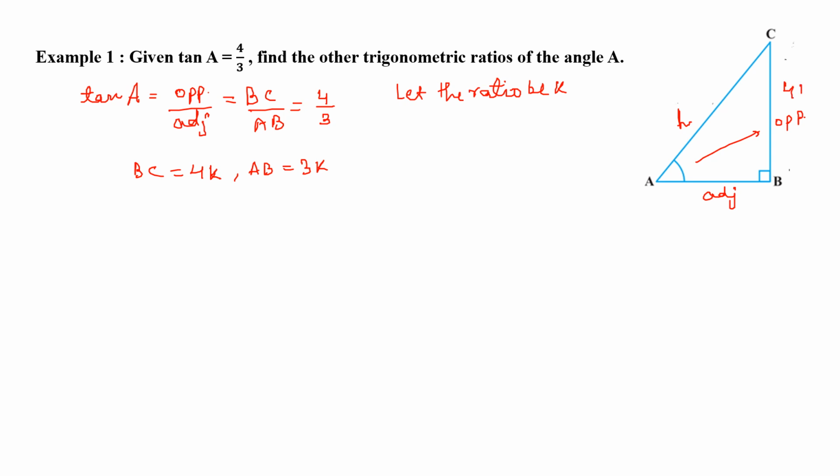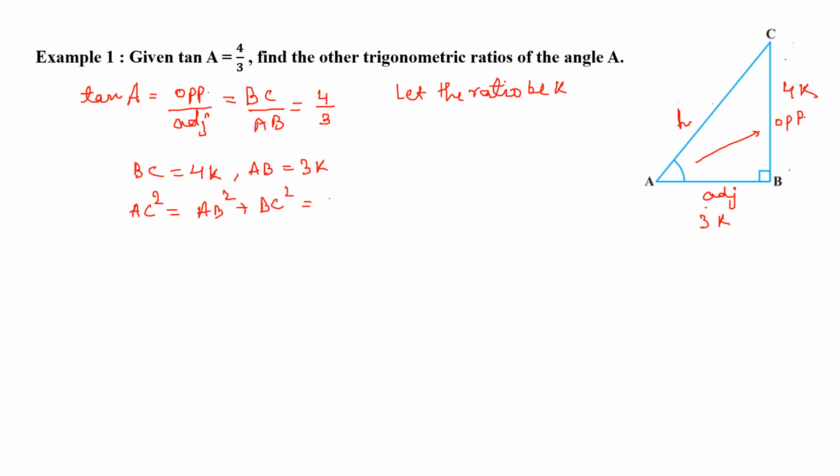So let's write here. Now we will use Pythagoras theorem and we will get the value of AC, isn't it? Because we need hypotenuse value also to find the other trigonometric ratios. So from here I can write AC square equal to AB square plus BC square.